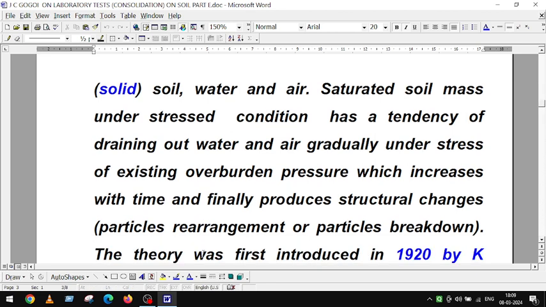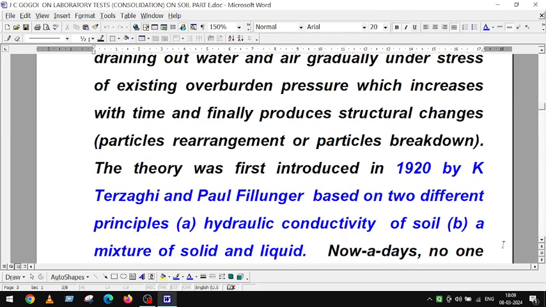The theory of consolidation was first introduced in 1920 by Karl Terzaghi and Paul Fröhlich, based on two different principles: hydraulic conductivity of soil and mixture of solid and liquid.